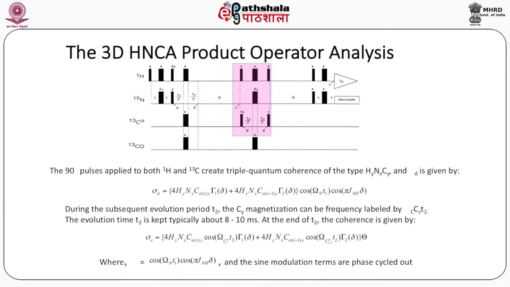At the end of T2, the coherence is given by sigma E is equal to 4 hy nx c alpha I y cos omega c I alpha T2 tau 1 delta plus 4 hy nx c alpha I minus 1 y cos omega c alpha I minus 1 T2 multiplied by tau 2 delta, and all these terms are multiplied by theta, where theta is equal to cos omega n t1 cos pi j nh delta, and the sine modulation terms are phase cycled out.